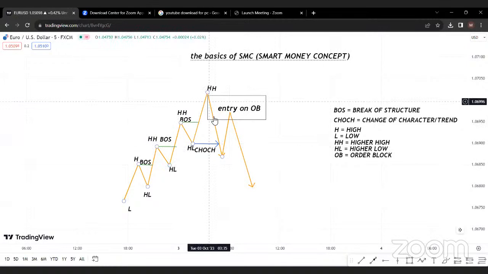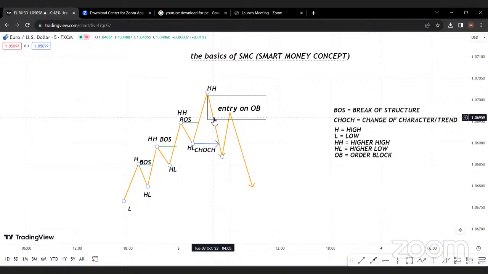Because there's an order block the market has left right there. So why was that order block created? That order block was created simply for the market to retrace to that point, grab the orders and come back to the trend. Now we have an uptrend changed to downtrend. It is the same when you're talking about a downtrend that is changing to an uptrend.